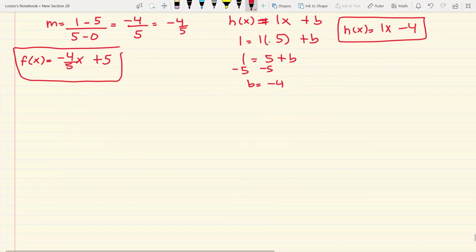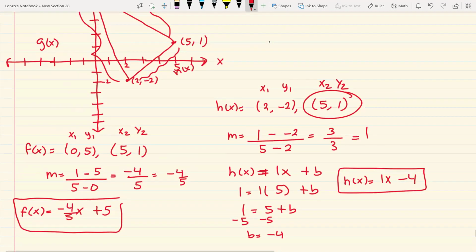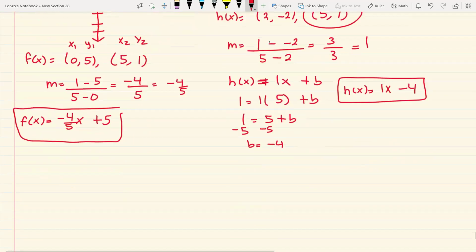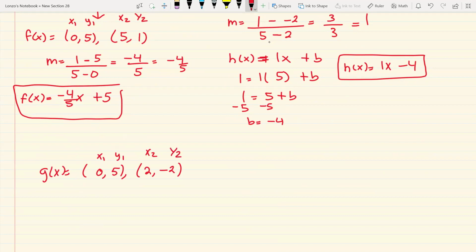Okay, and then what are we missing? We are missing g of x. So let's find that. So g of x goes through the point 0, 5 and 2, -2. So this is x1, y1, x2, y2.